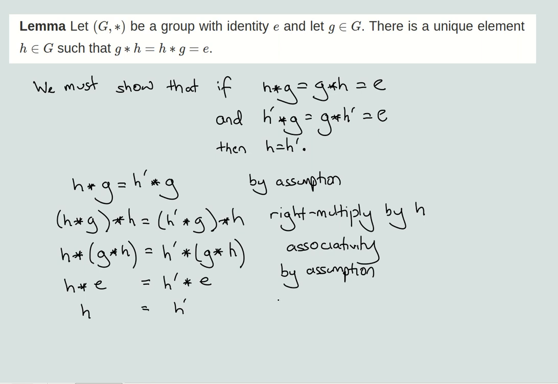So this is by the definition of the identity. So this lowercase e was the thing which satisfied the identity axiom, and the identity axiom tells us that h star e and h prime star e are equal to h and h prime. Okay, and that completes our proof. We've done this proof of the lemma.